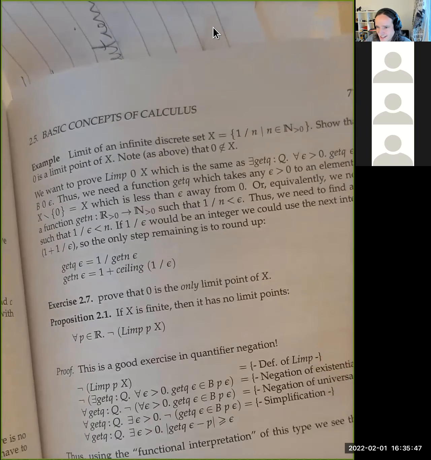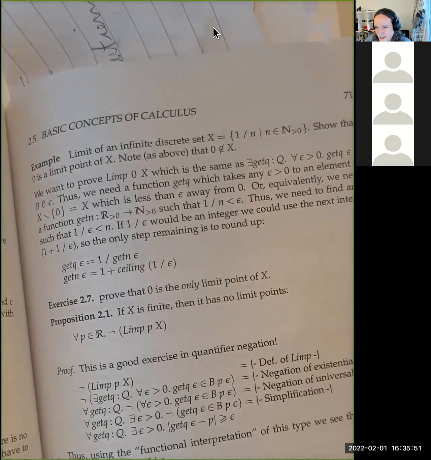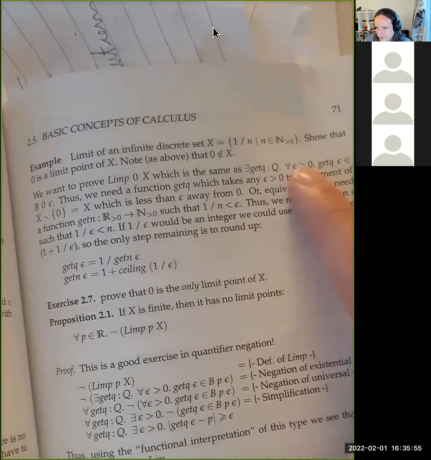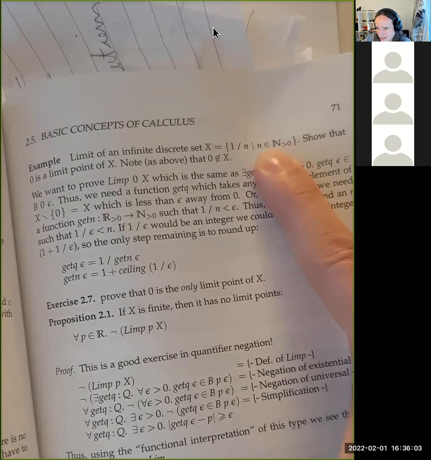So our set X here is a bit like the sequence we just had. So it's basically all the points in our first sequence, 1 over n for any non-zero natural number. So I actually didn't exclude 0, which I should have.